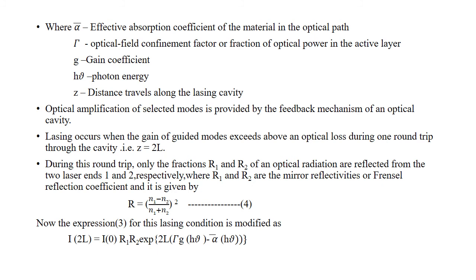Now the expression for the lasing condition is modified as I of 2L is equal to I of 0 R1 R2 exponential of 2L times confinement factor times g of h nu minus alpha bar of h nu.